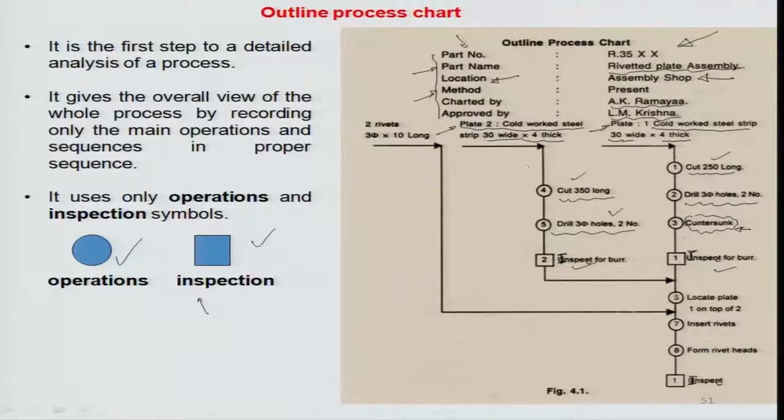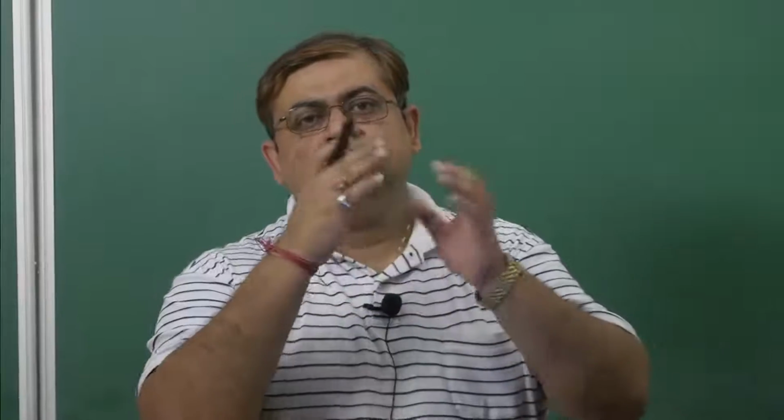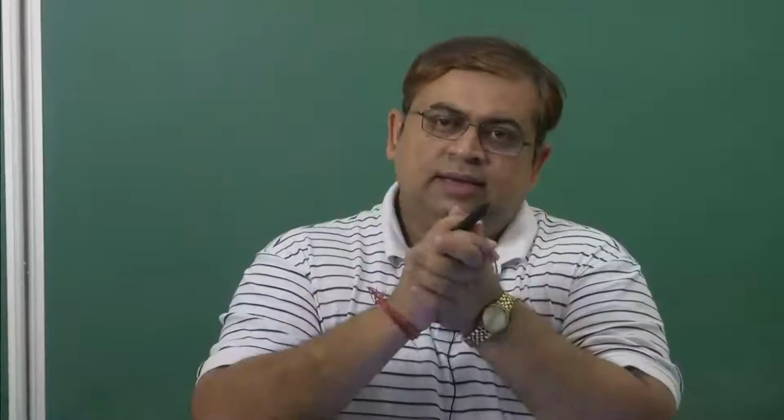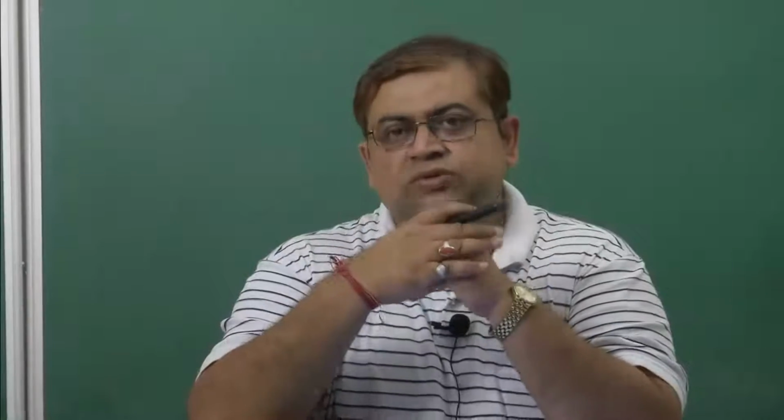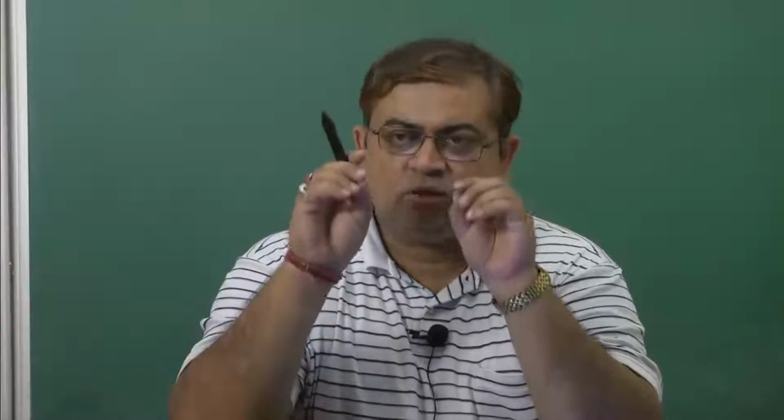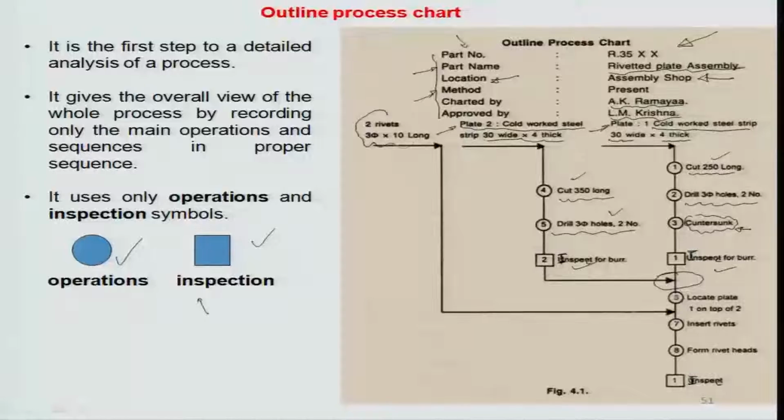And so we are assembling plate 1 onto plate 2 at this particular point, where you are just overlapping after inspection, the plate 1 which is cut with two holes, both holes having a countersunk profile, and plate 2 which is only drilled at concentric locations where rivets can be inserted this way. And the two rivets, which in this case are, for example, 3 mm in diameter and 10 mm long.